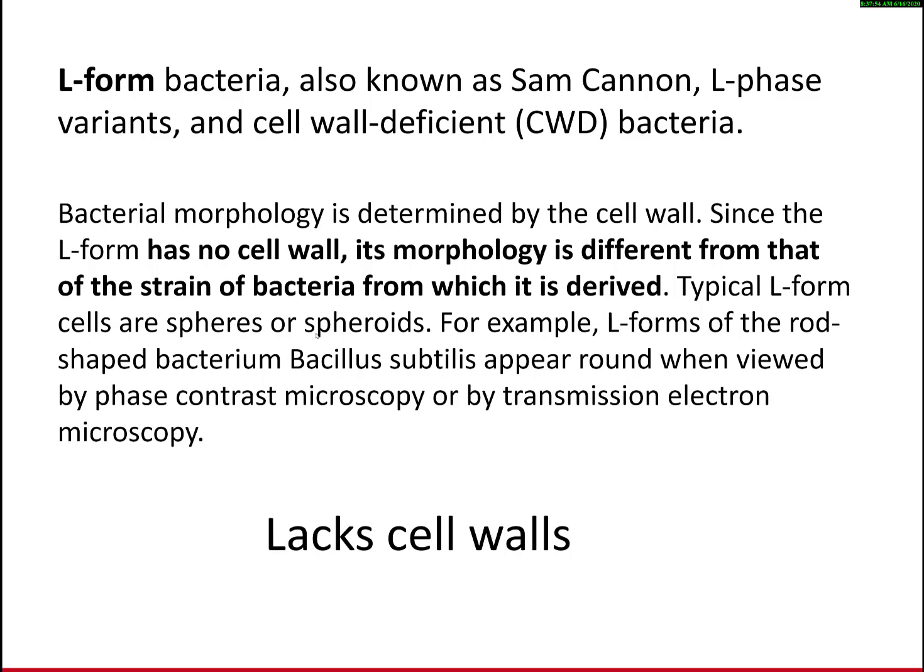So the typical L form cells are spheres or spheroids, where the parent forms are rod-shaped bacteria, and Bacillus subtilis appear round when viewed by phase contrast. They lack cell walls. So if you just think of the L form as lacking the cell wall, L for lack, it's not what it supposedly stands for. It's really what they refer to as L phase. But the L form bacteria, that's one of the things that we can think about.